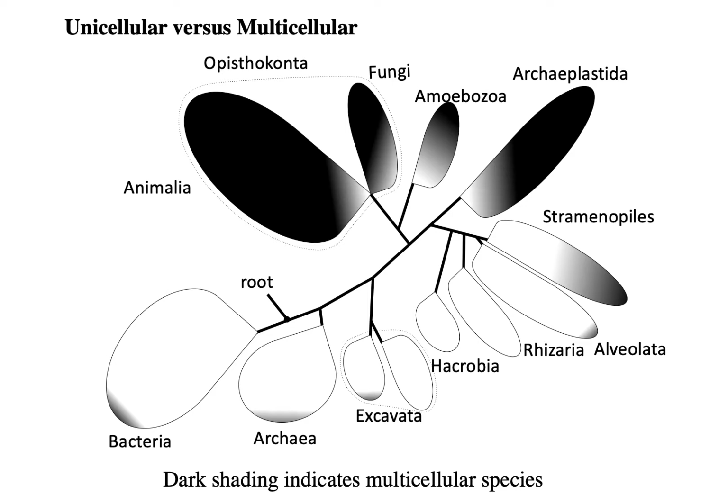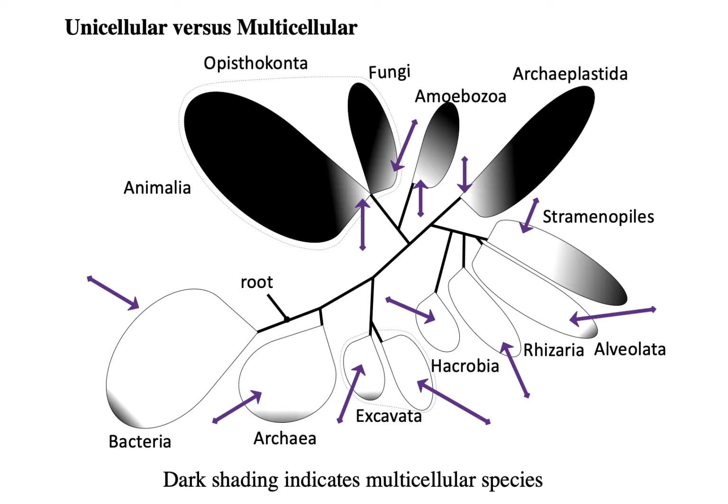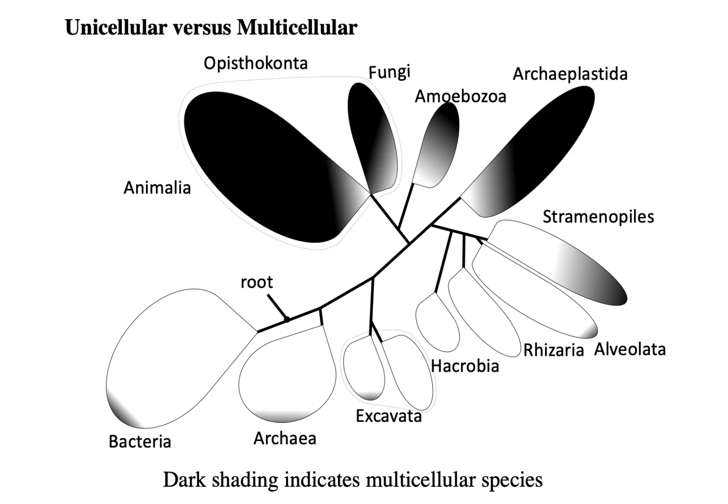On this diagram also, anything in dark colors, and these are the more recent organisms that have evolved, are multicellular. And all of the white areas in here include only unicellular organisms. So there are some bacteria that are multicellular, some archaea, but mostly these are represented by unicellular species.